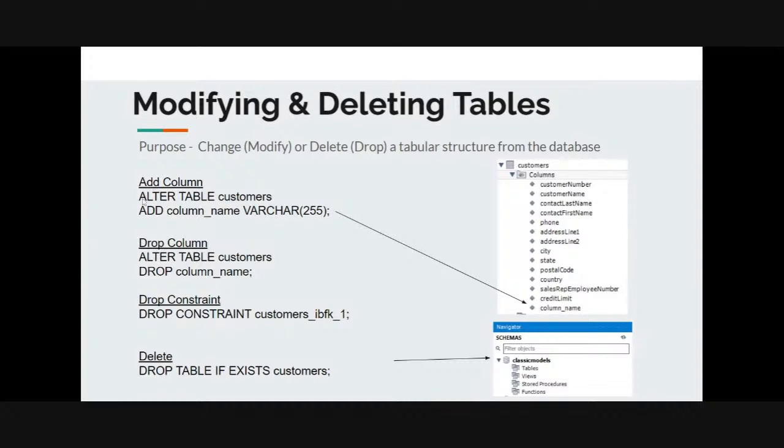So if you were to run some of these, and we'll do these in a second, you could alter the table customers. So you're telling the interpreter to go to the table, look at the table customers, and then add a column named column name with this data type. And it'll appear as another field in your table right at the very end.